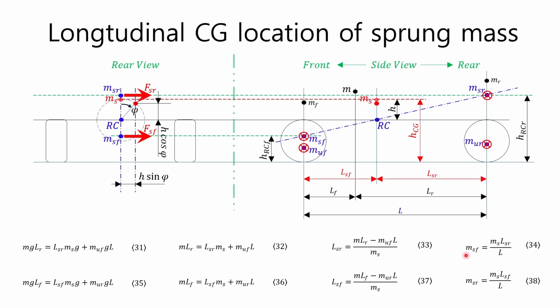Finally, equation 34, representing the front mass MSF, can be obtained from the moment equilibrium at the rear wheel contact point, and equation 38, representing the rear mass MSR, can be obtained from the moment equilibrium at the front wheel contact point. Now, let's move to the second method to find the front and rear sprung masses.